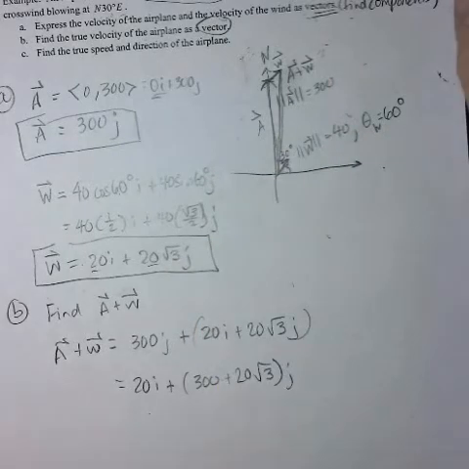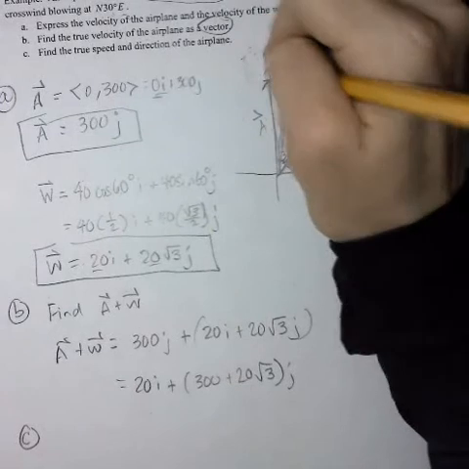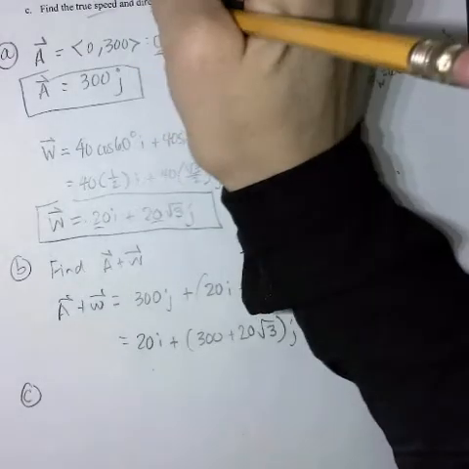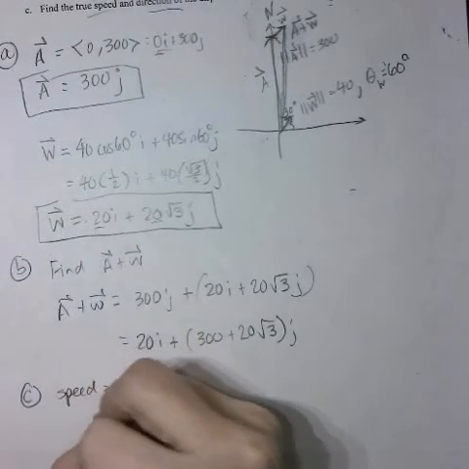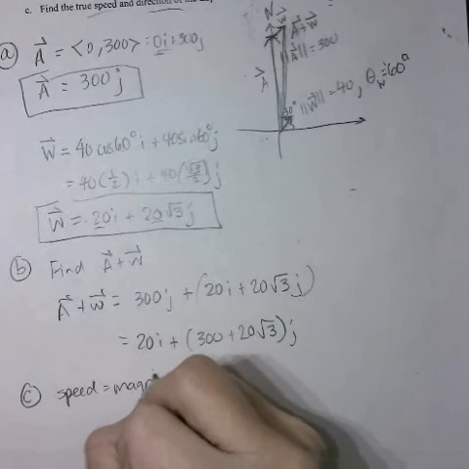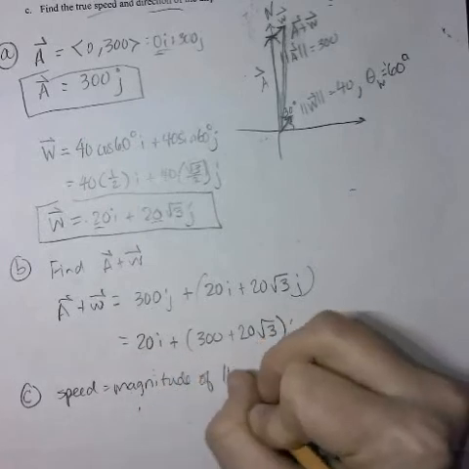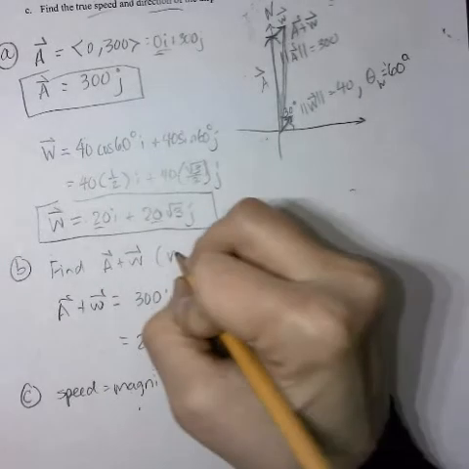Okay, then C. So this is where the plane ends up. Find the true speed and direction of the plane. That means the speed is the magnitude of the resultant vector A plus W. I should write that down.